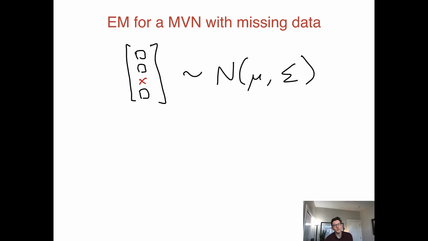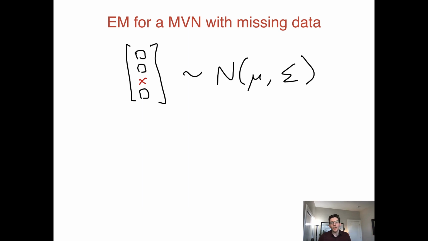Notably, we're going to assume here a missing at random assumption, which is that whether or not a given vector value is missing doesn't depend on anything else in the problem. So we're imagining it's just missing for nothing that has to do with anything else. Just someone dropped the data.